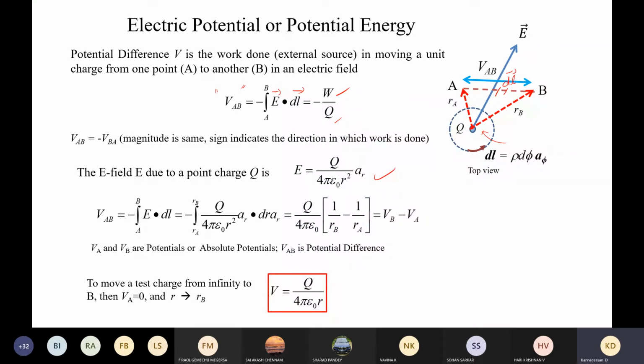The potential difference from A to B has a negative sign for B to A, but otherwise the magnitude will be the same.